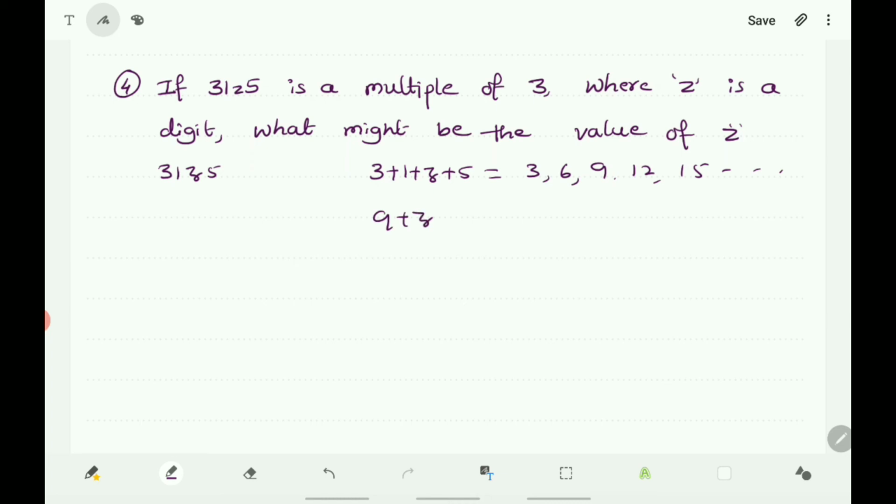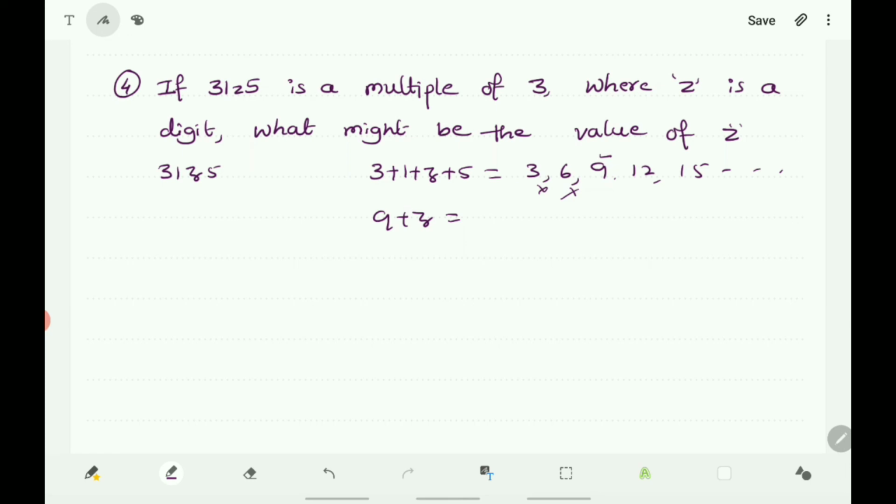You know that 9 plus z cannot equal 3, as z is a digit, and a digit is always a positive value. 3 and 6 are not possible for the sum 9 plus z.